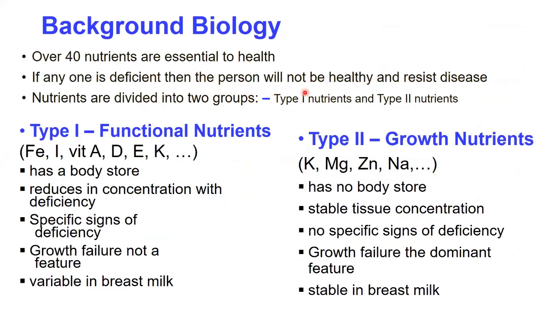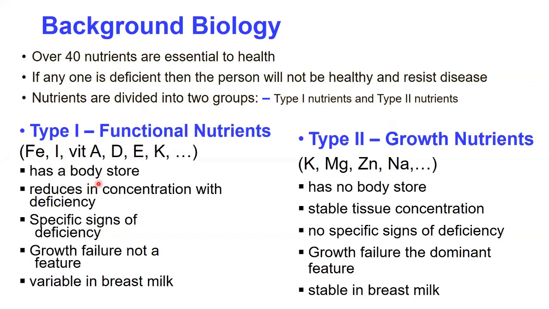We have what we call type 1 and type 2 nutrients. For type 1, most of you in the medical field, and I know most of us, even mothers, all of us know iron, iodine, vitamin A, D, E, K, etc. So these are what we call type 1 nutrients as examples.